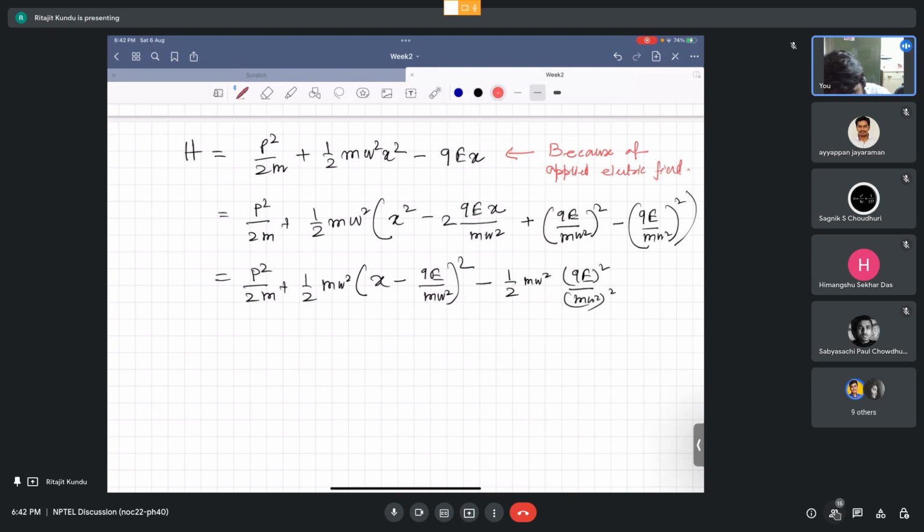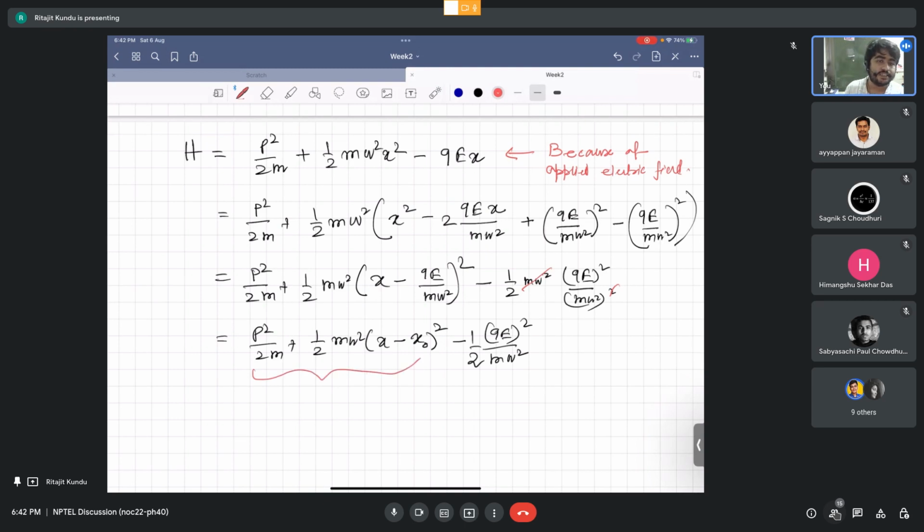I can cancel one power of this, and so the final Hamiltonian is nothing but p square by 2m plus half m omega square x minus, let me call this quantity x naught because that is just a constant, minus q e square by m omega square, and there is a half. So how does this look like? This looks like a harmonic oscillator which is a little bit shifted.